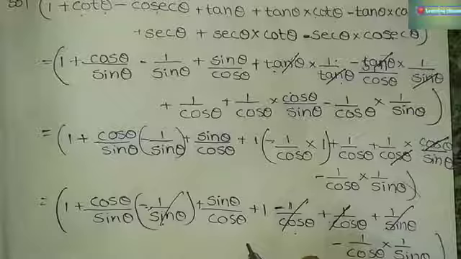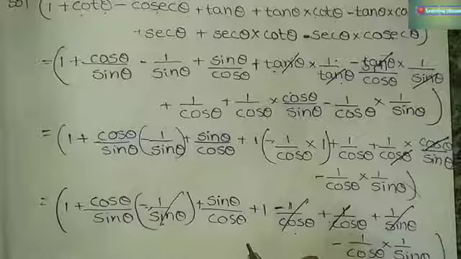Third question is secant square theta minus 1 into cosecant square theta minus 1. Here we have to use second and third trigonometric identities. Secant square theta minus tan square theta is equal to 1. From this we can deduce the tan square theta is equal to secant square theta minus 1.